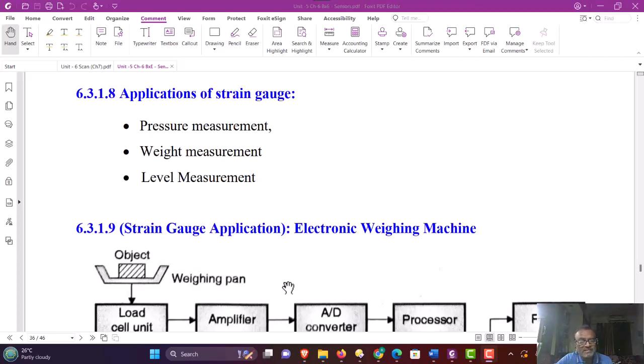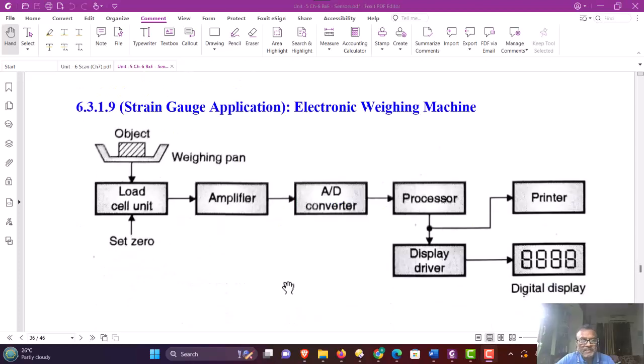And at large scale, we look at truckload measurement by using weighing bridges. A typical application of the strain gauge is the electronic weighing machine. A block diagram of the weighing machine is shown here.